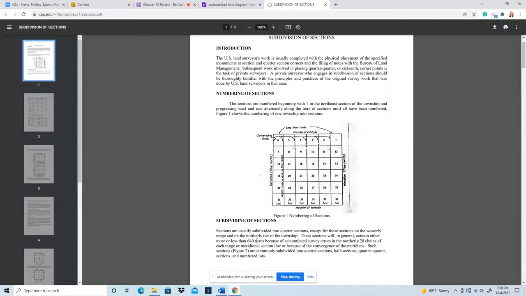Now, one of the questions that I saw on an examination was pretty simple, but I wanted to kind of explain what you would do. This only is with sectionalized land. Yes, you need to understand this, because remember, our state exam or our professional survey license, the first exam is a national exam.